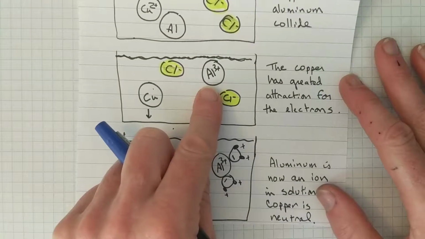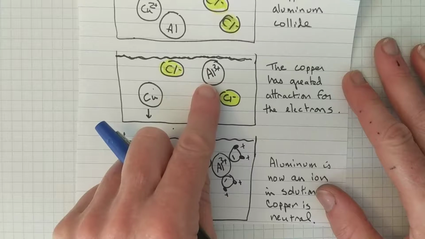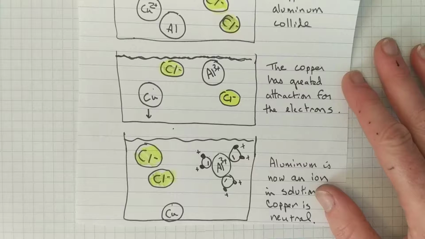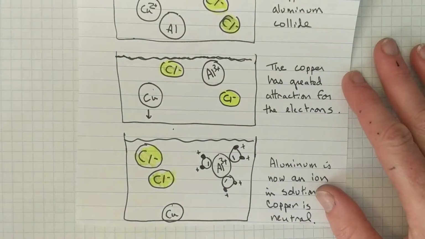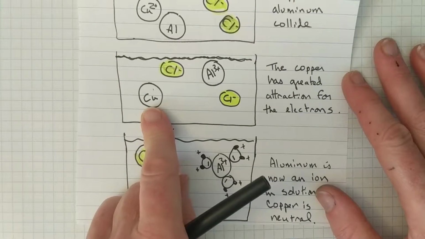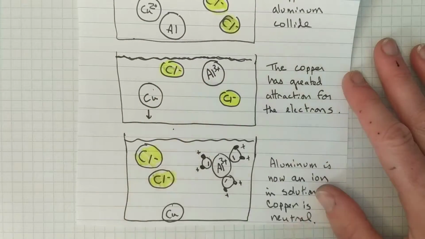Aluminum is a more active metal, so it has less attraction for electrons and easily loses electrons. So the copper gains the electrons and aluminum loses them.